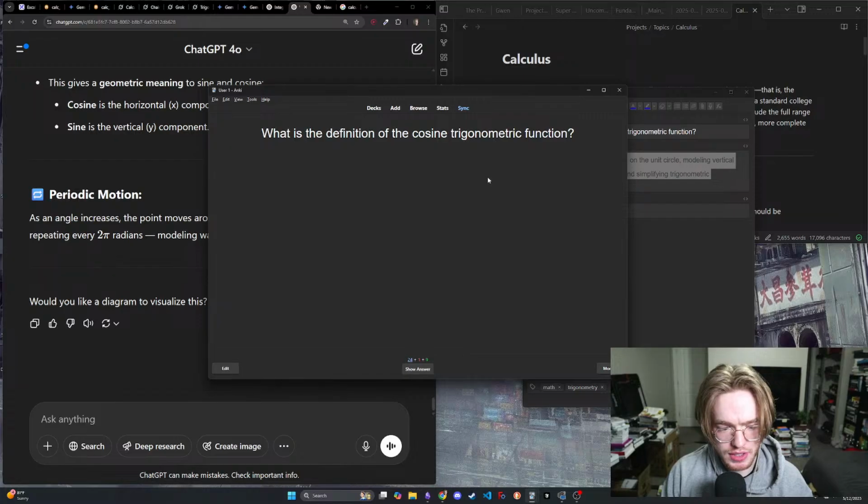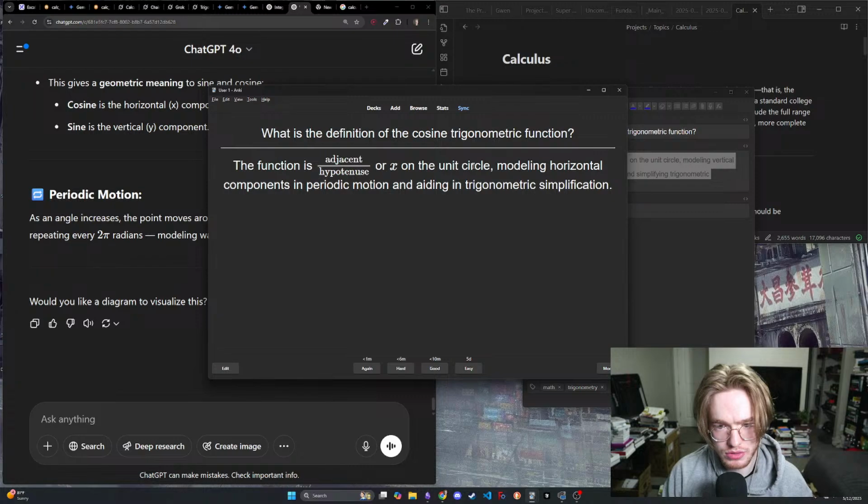Cosine would be adjacent over hypotenuse, or x, on the unit circle.